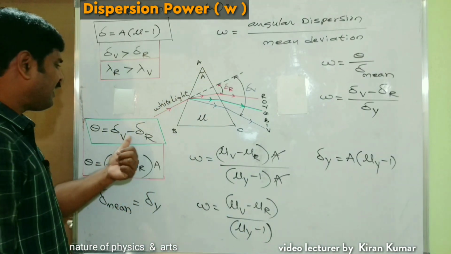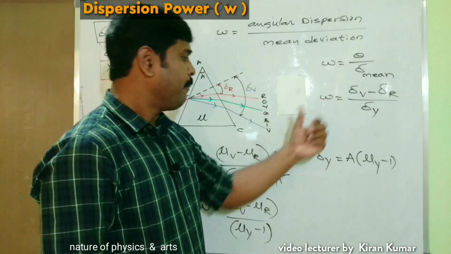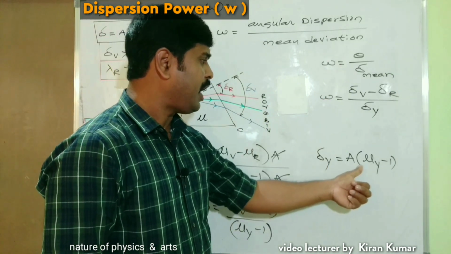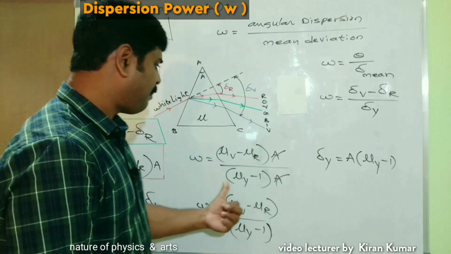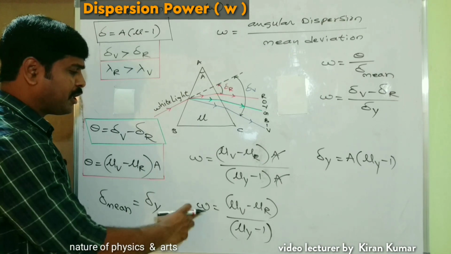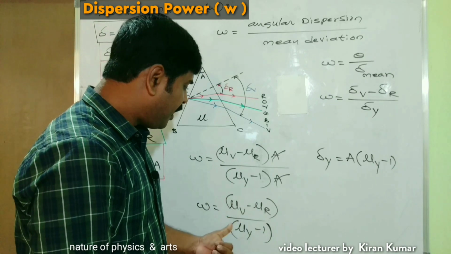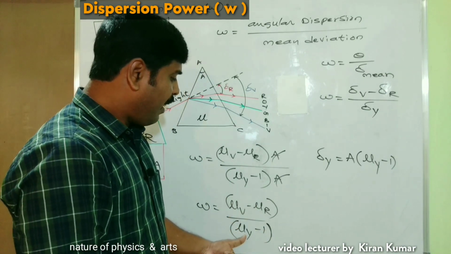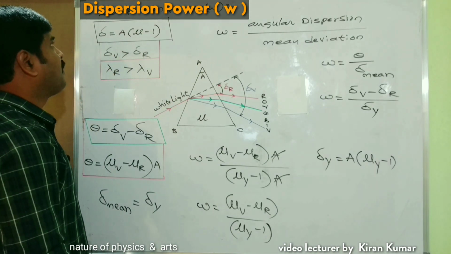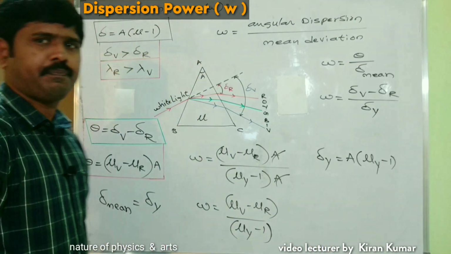Here the del v minus del r value is mu v minus mu r into A, replaced here, and the yellow color deviation is A into mu y minus 1, replacing here, A gets cancelled. We got here dispersion power omega is equal to mu v minus mu r divided by mu yellow minus 1. These are the relations for the dispersion power. Please copy this.